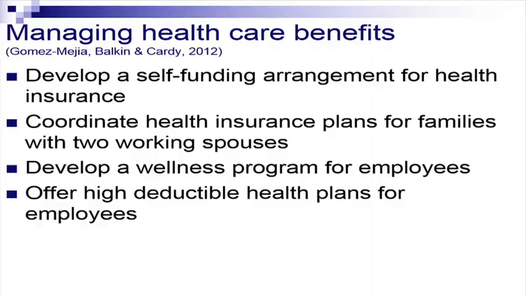It will always be nice to coordinate health insurance plans for families with 2 working spouses. I would say not even just for 2 working spouses: if you have 2 people from the same family, father and daughter, or mother and son, or husband and wife, or live-in partners working in the same organization, why not? That family could get a little more.